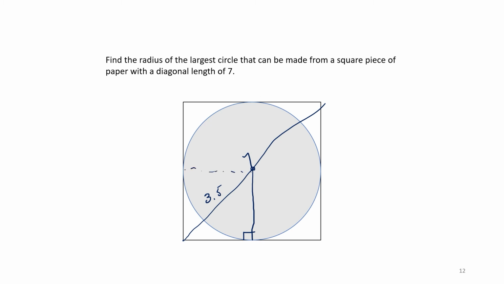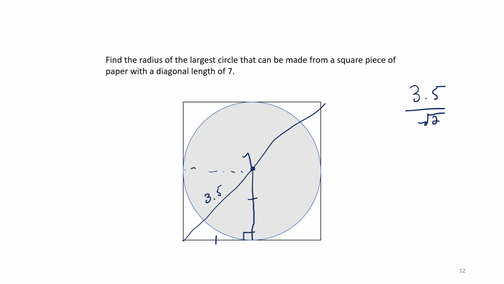The reason this is an easier problem is because this is a square. So this is a 45, 45, 90 triangle. These lengths are the same, right? And then we can either just divide 3.5 by root 2, or I'll also show you the Pythagorean method. If you're crunched for time, do this. I'll show you the Pythagorean just to show you that you can.